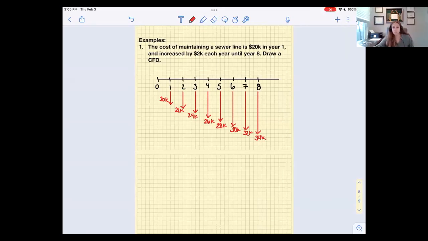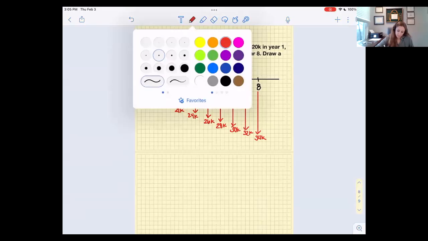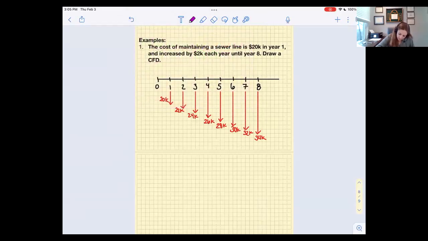Okay, so that is one way to draw it, but you could see how that would get really annoying if we had like 100 years. You wouldn't want to do it that way, right? So alternatively, you could just draw it like this. I'm going to use different colors so you can see. You could draw the first arrow here, and remember we talked about annuities and gradients, right?